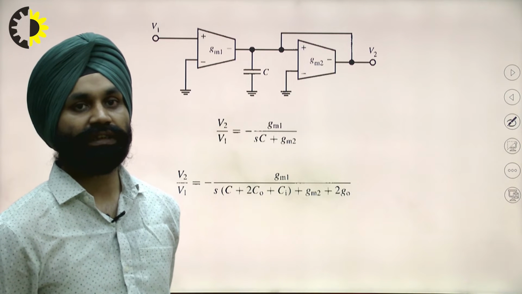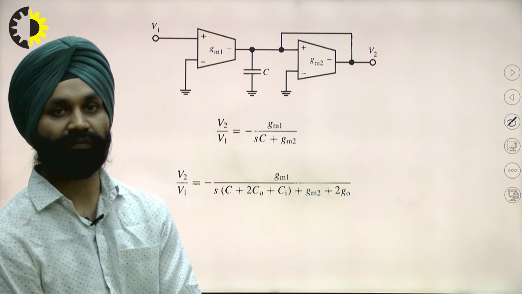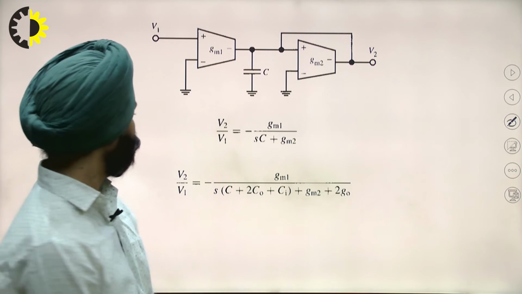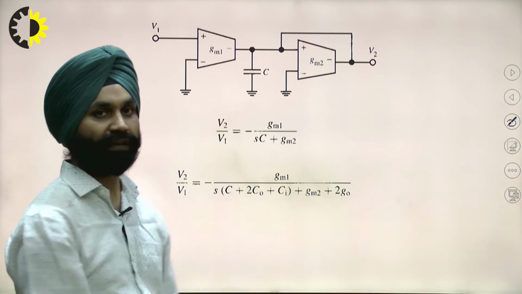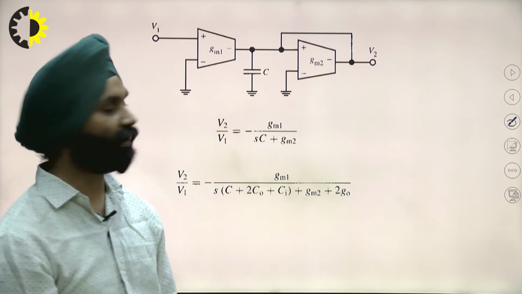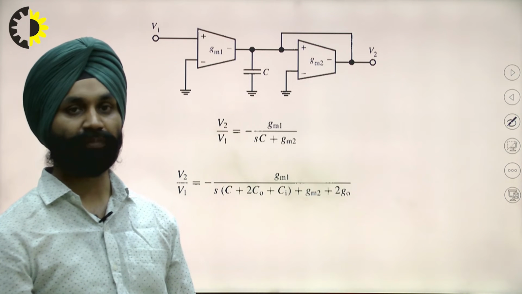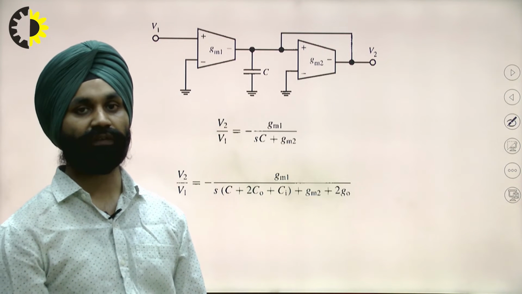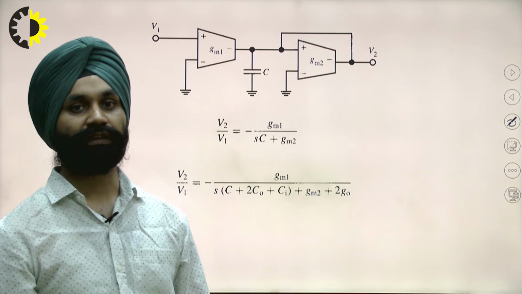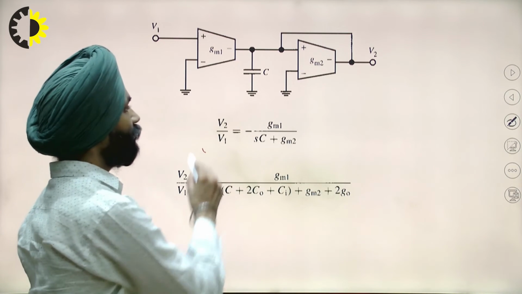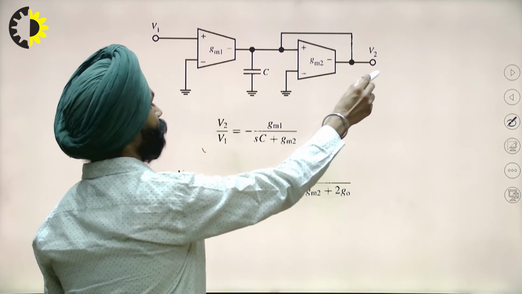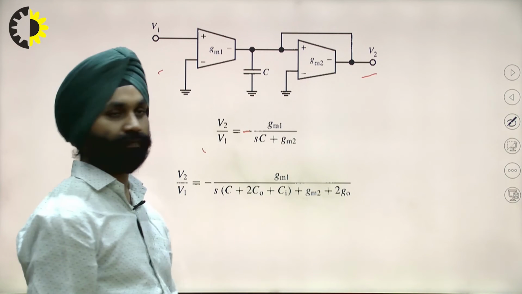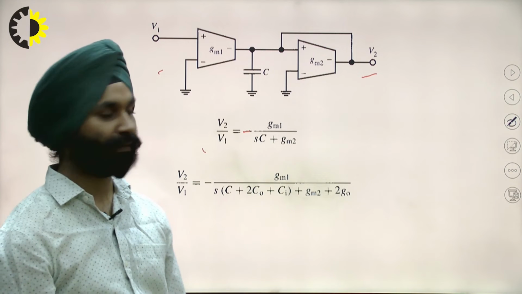Now if we see the transconductance in the different phase with the ratio of V2 by V1, this can be given as follows: if we apply one resistance after this integrator to remove the loading effect and to have the cascading equivalently, we can have V2 by V1, the total output by input, equal to minus Gm by SC plus Gm2.